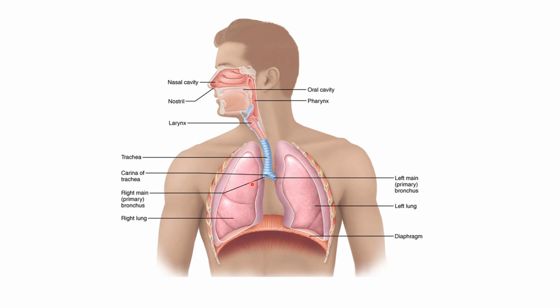And then these primary bronchi divide into secondary bronchi. Those secondary bronchi divide into tertiary bronchi, and they become smaller and smaller till they reach this bronchus, which is named as terminal bronchiole, and after terminal bronchiole we have respiratory bronchiole, and then we have the alveolar duct and the alveolar sac.